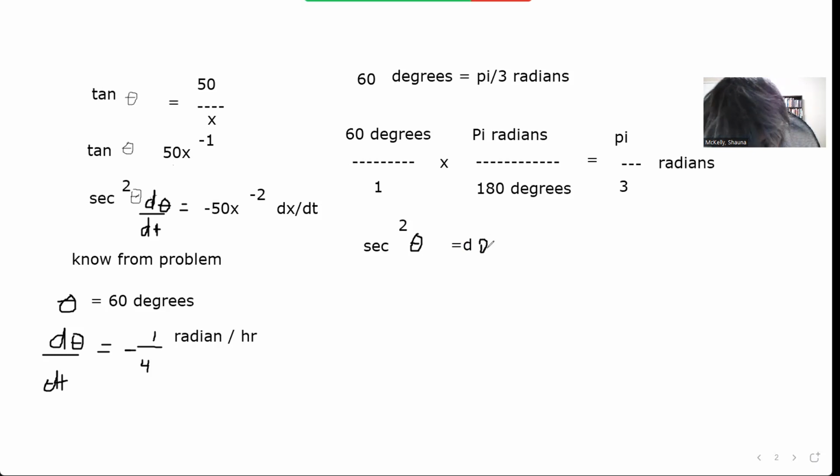Oops, I don't want to do that. I want to make this secant squared theta d theta dt. And remember, you're going to need trig knowledge for the secant squared.